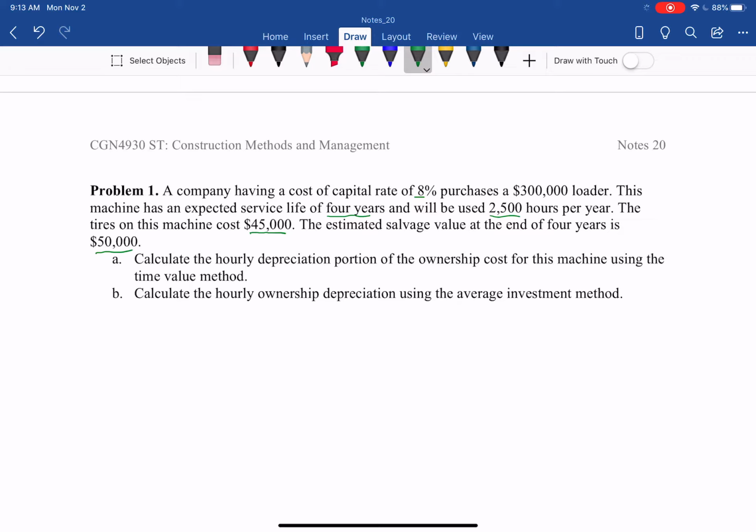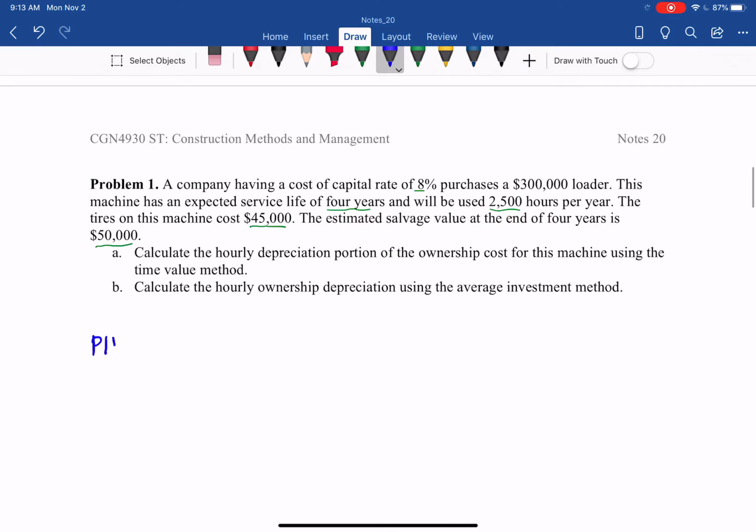First things first: purchase price less tire. The tire is part of the operating cost, not the ownership or depreciation cost. If you learned project planning, go to the depreciation lesson, where I explain why.